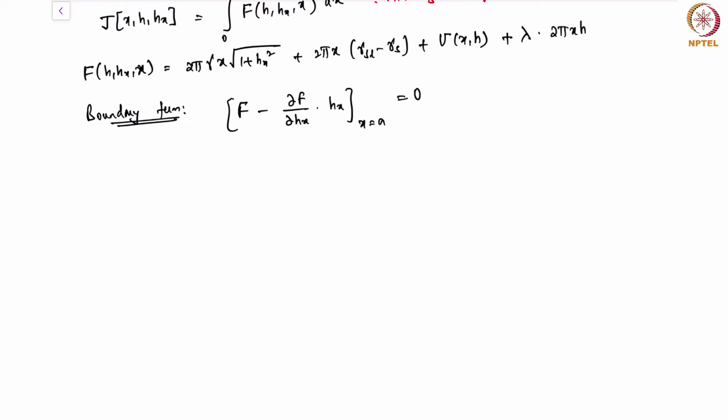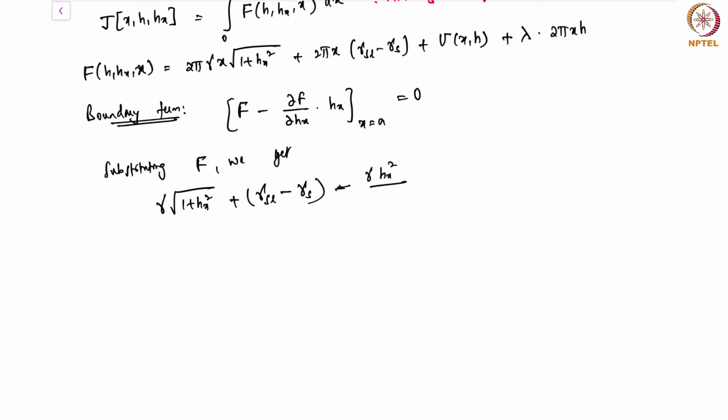Now, when we apply this boundary condition and substitute the expression for f, we get gamma times 1 plus hx square plus gamma SL minus gamma S, minus gamma hx square by 1 plus hx square.